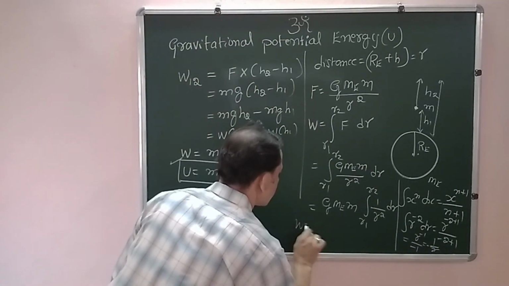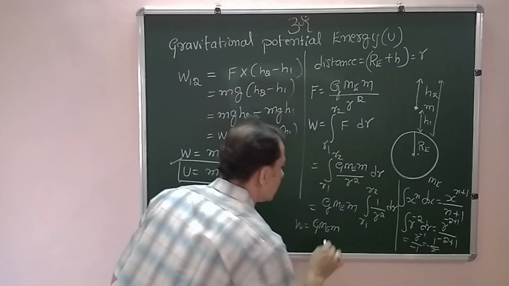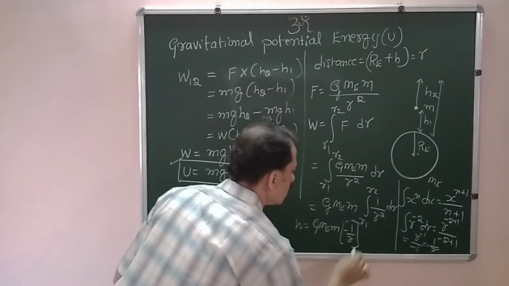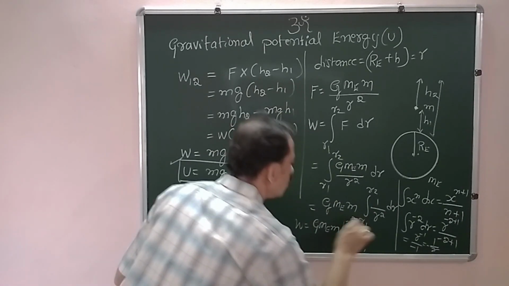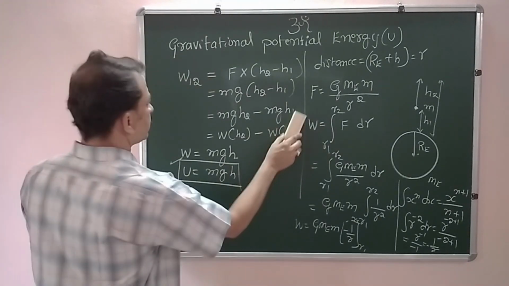Therefore, this work done is equal to G Me m, minus 1 by r with the limits r1 to r2. Okay, so I will continue here further.